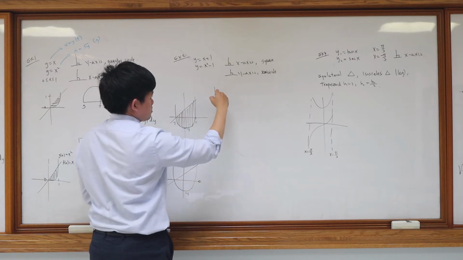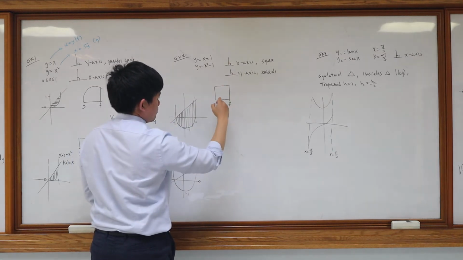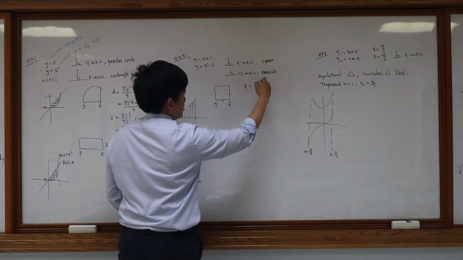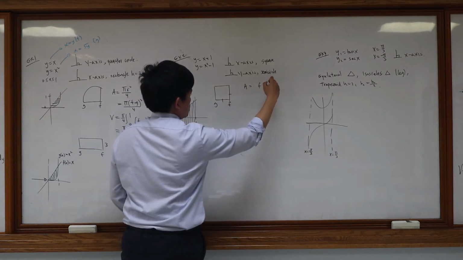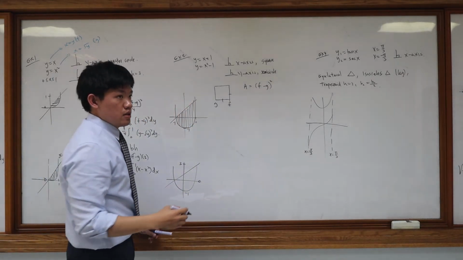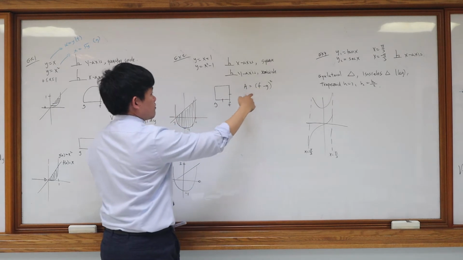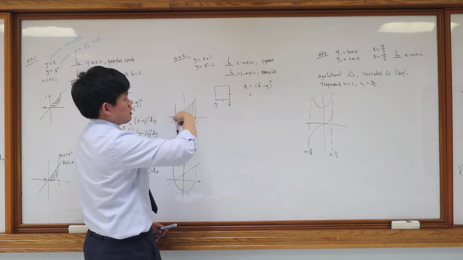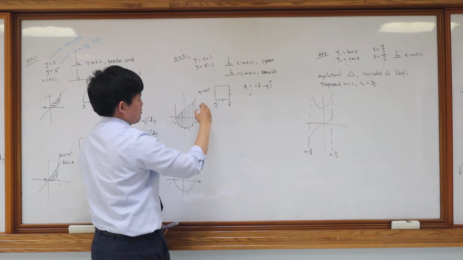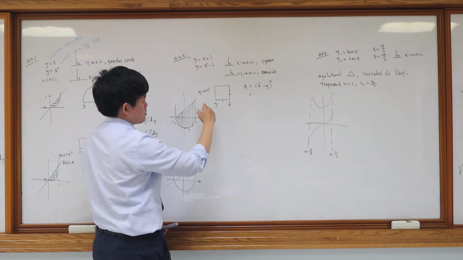So in this case, the first one here, we have a square. So my square looks like this, f and g. So that means my area is equal to f minus g squared, because it's base squared. In this case, f is the function on top, which is y is equal to x plus 1. And then my bottom function is x squared minus 1.